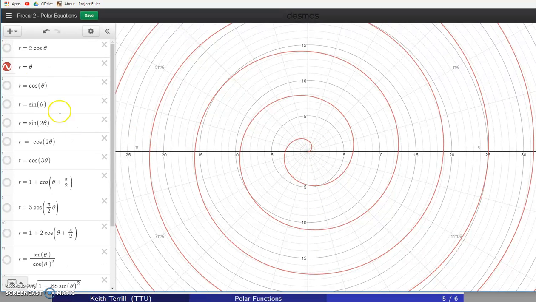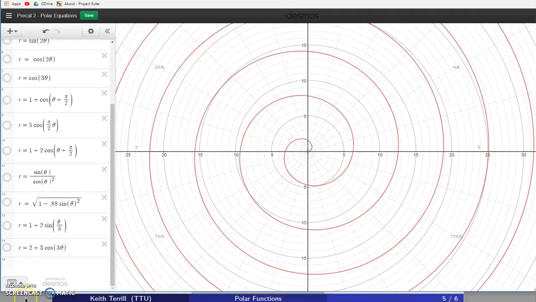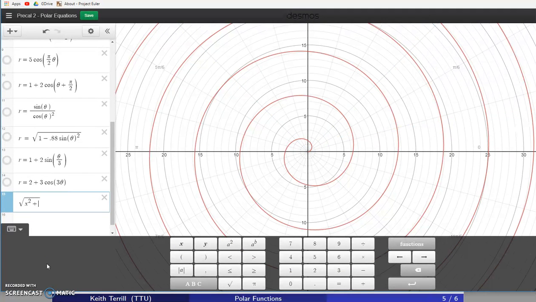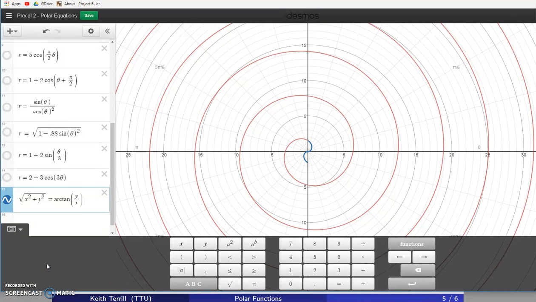Also, as a curiosity, do you want to know what equivalent rectangular equation that would have to be? It would have to be the same solutions of x squared plus y squared equaling the arctangent of y over x. Of course, that only gets a little bit of it, right?